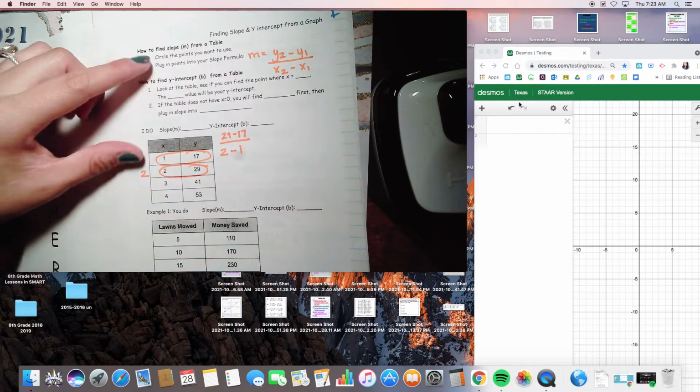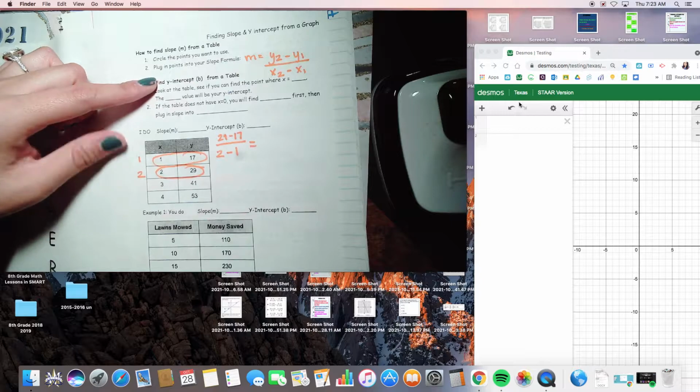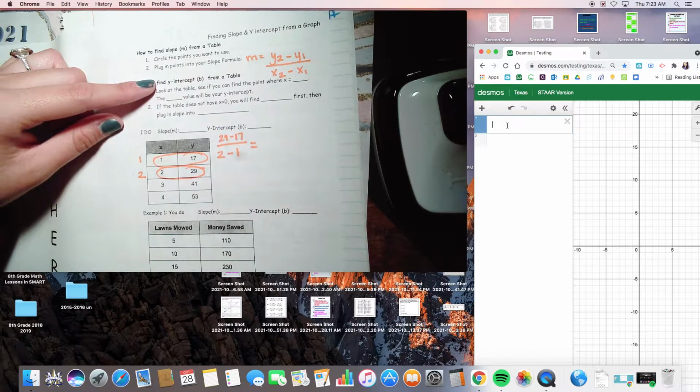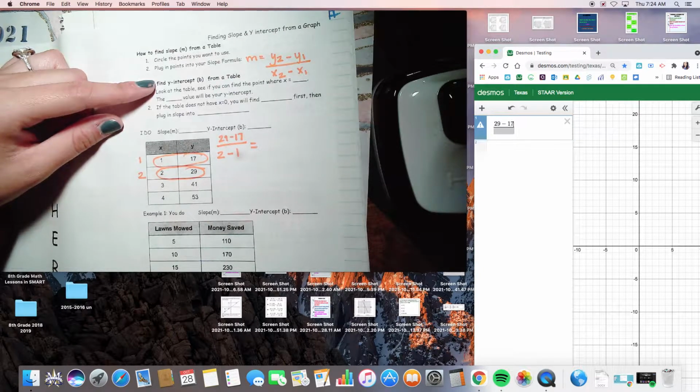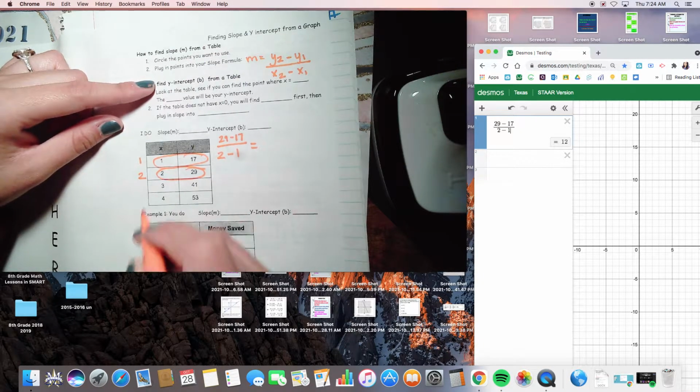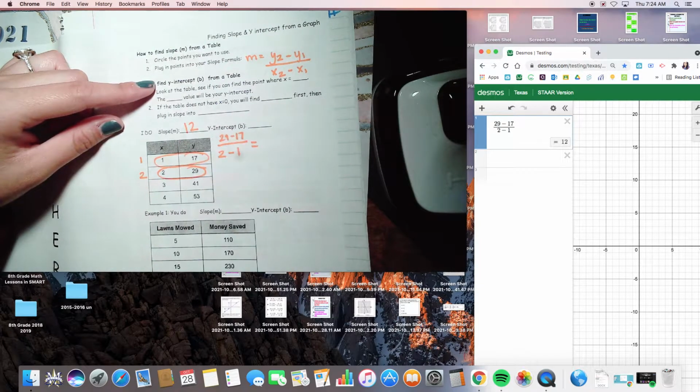So I'm going to go ahead and set that up on my Desmos. So I have 29 minus 17, all over 2 minus 1, which gives me a slope of 12.